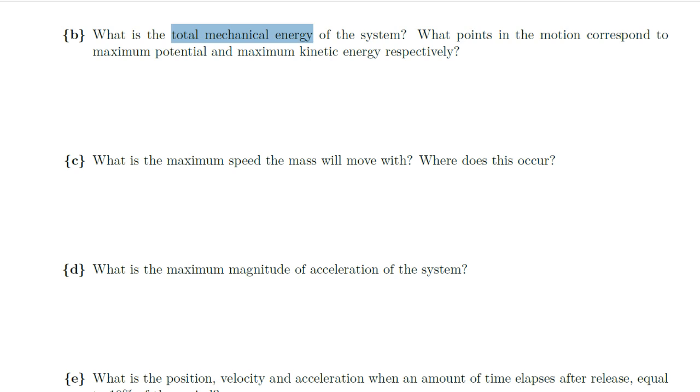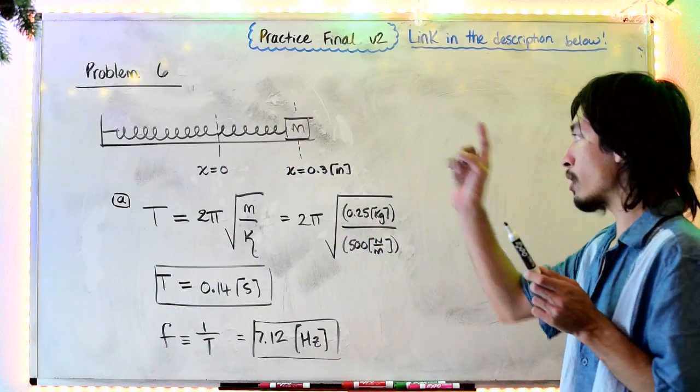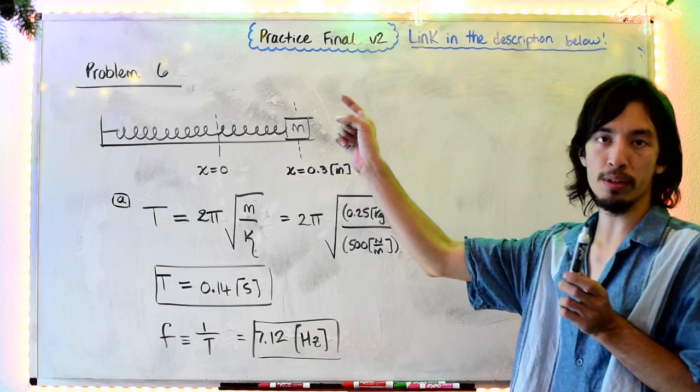However, I would say that there are unique points in which the total mechanical energy is easier to calculate, because you can actually say that one of the terms is 0 at these unique points. So, first of all, the unique points in the problem that you should know are equilibrium and the amplitudes.